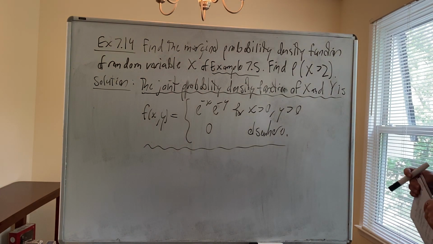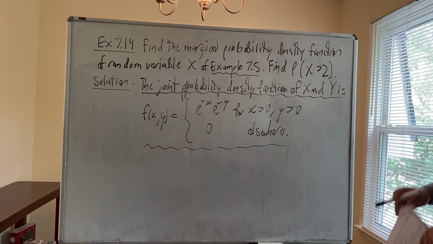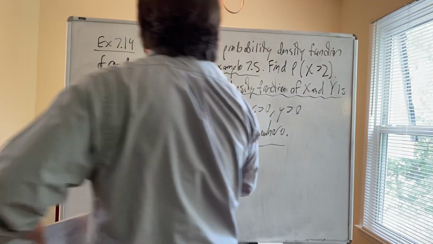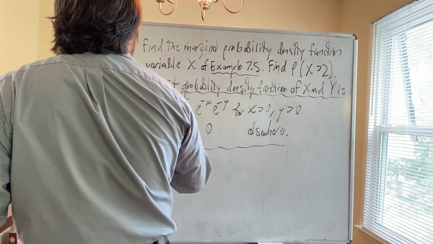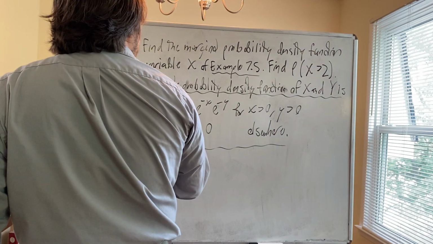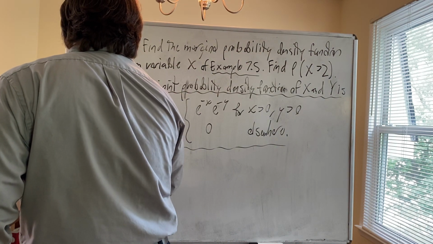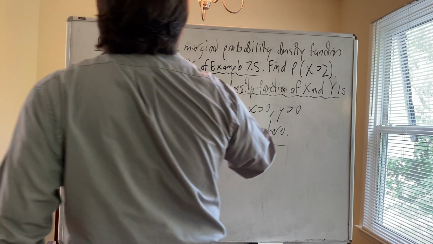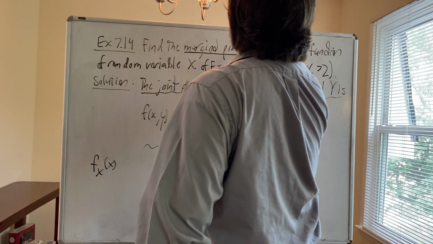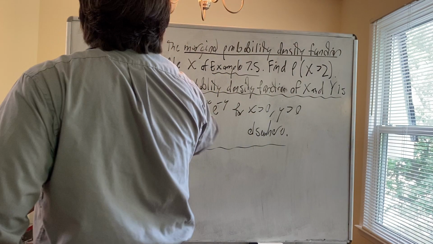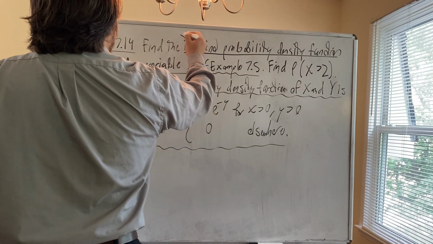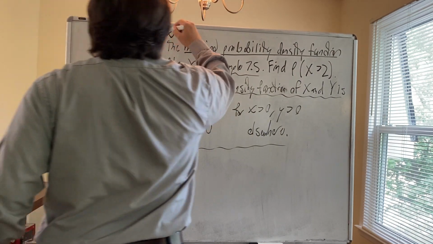And we want to find the marginal probability density function of that random variable x. First we're going to find the marginal probability density function. So that's f sub capital X of x, right? The marginal probability density function of random variable x, that is f sub capital X of little x.